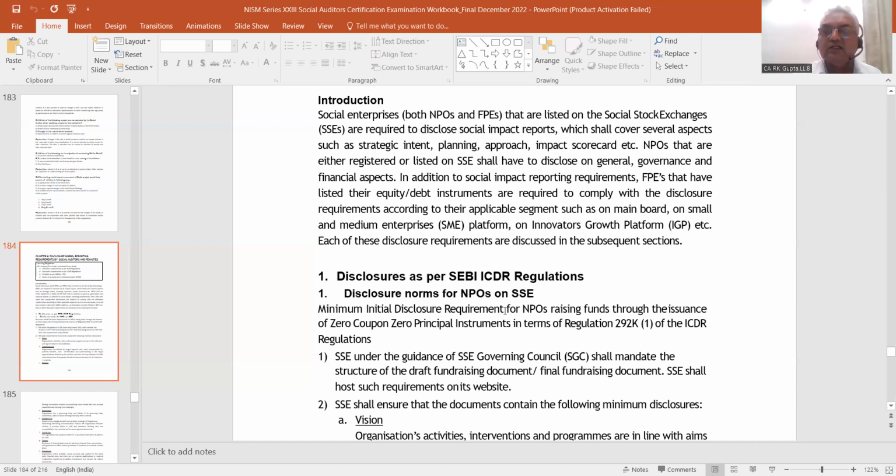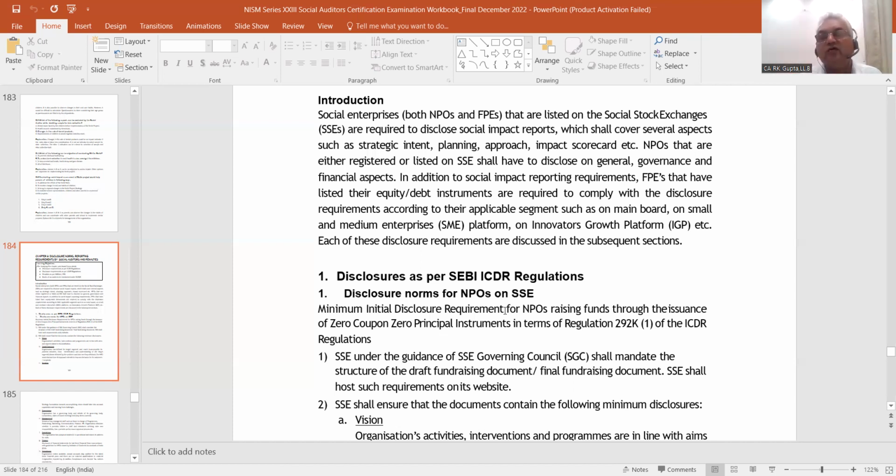There is an underlying assumption that for-profit enterprises are already registered with the stock exchange and some platform is already applicable to them. Suppose they are listed on the main board, on small and medium enterprises, or on the innovators growth platform. In addition to their original requirements, they have to follow some additional disclosure requirements.